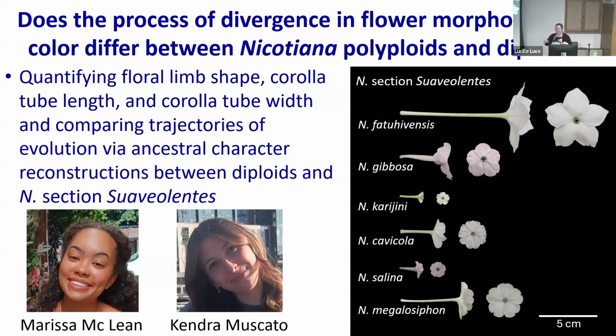And right now, my intro bio lab students are measuring tube length and width from the photographs we brought back, which is super fun. I'm having a great time with it. And then Kendra Moscato joined the lab this semester, and so we're excited to see where we're gonna take that project. So lots of stuff going on.